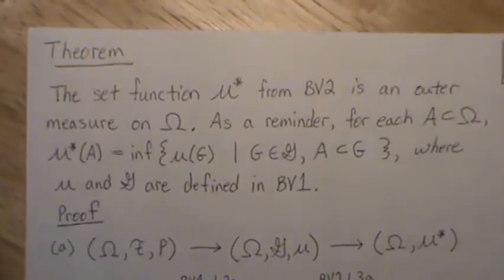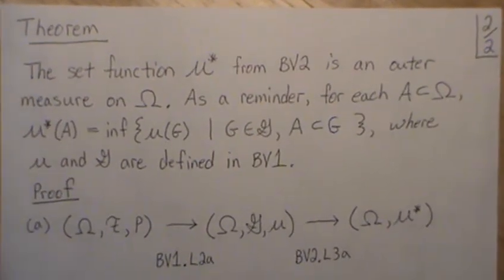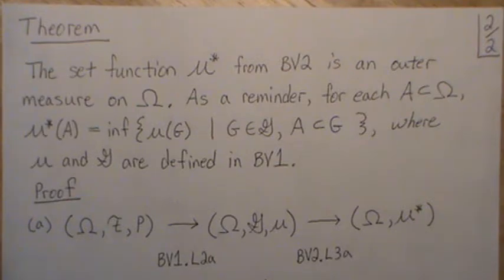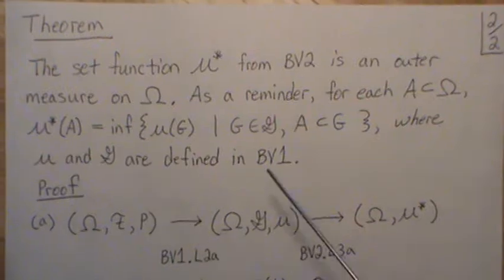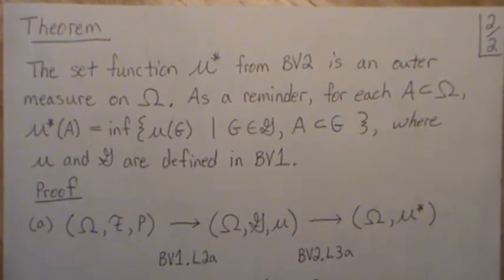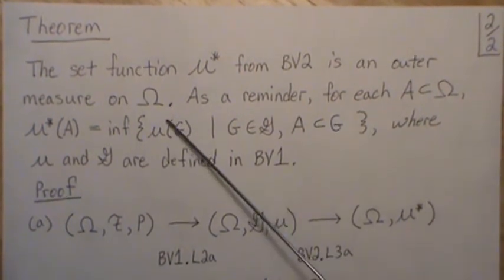Now, let's prove that the extension that we did in BV2 is an outer measure. The theorem: the set function mu star from BV2 is an outer measure on omega.